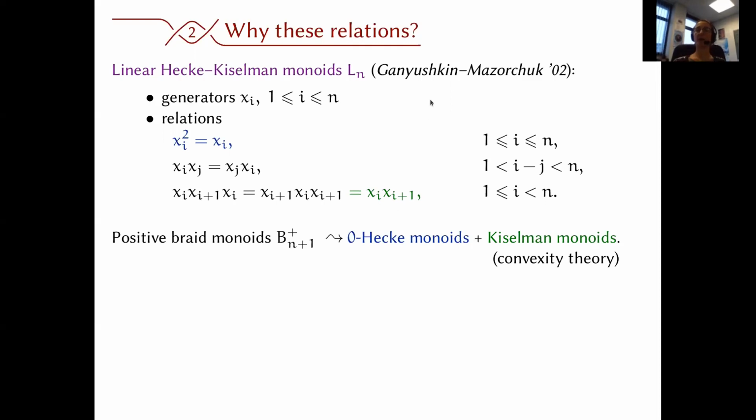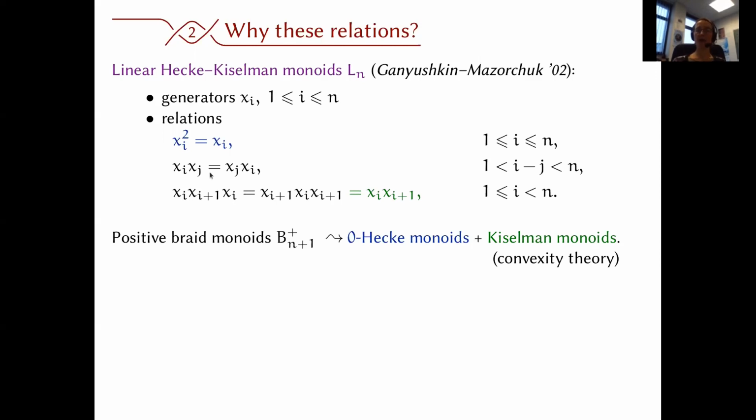Later, Ganyushkin and Mazorchuk proposed to consider more than 3 operators and generalized these types of relations to a very general setting, going all the way through an arbitrary graph.